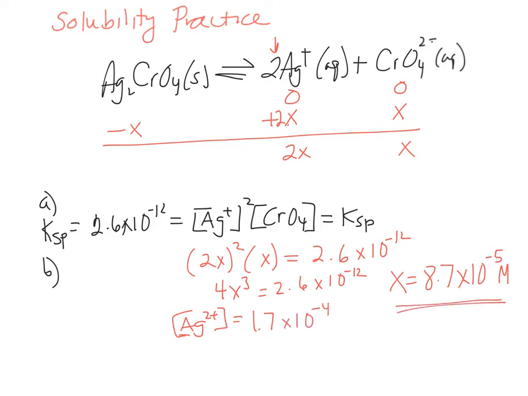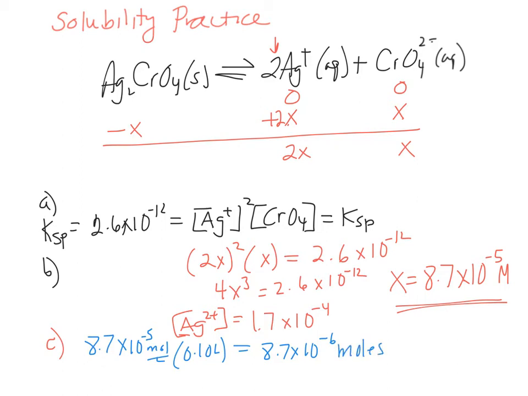Now, this amount is going to be the maximum amount of molarity that you can make dissolving the silver chromate. So for part C, it says what mass can you dissolve in 100 milliliters. So we know that's the maximum number of moles per liter that would dissolve. And if we times that by 0.10 liters, the 100 milliliters, we're going to get 8.7 times 10 to the minus 6 moles will dissolve in 100 milliliters.